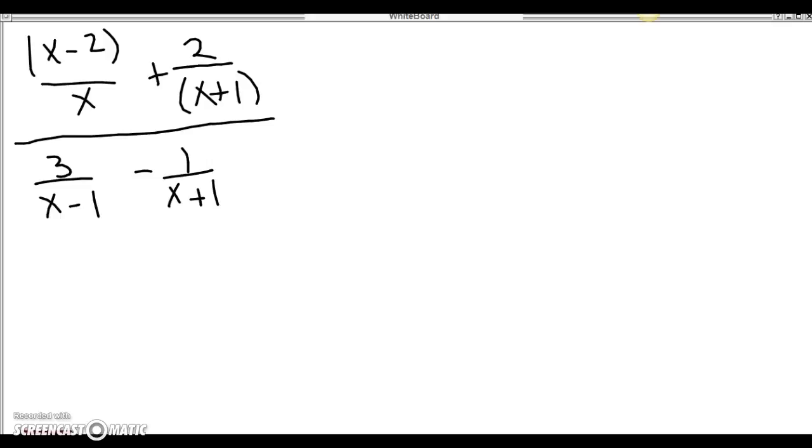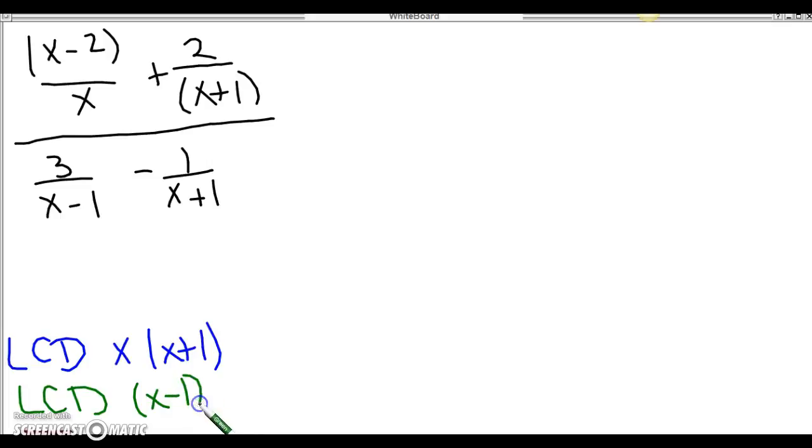So here's my problem. For my numerator, my LCD, they don't have anything in common, so it's just going to be x times x plus 1. And for my denominator, again, they don't have anything in common, so it's going to be x minus 1 times x plus 1. So for the first one, I am going to have to multiply top and bottom times x plus 1.